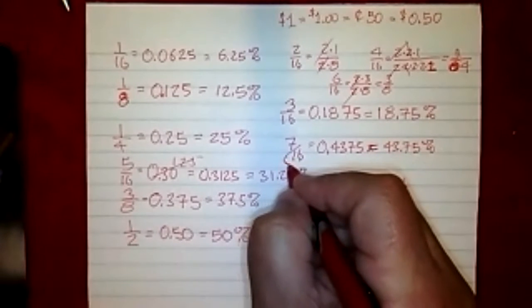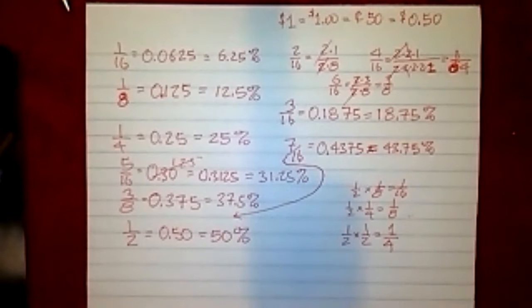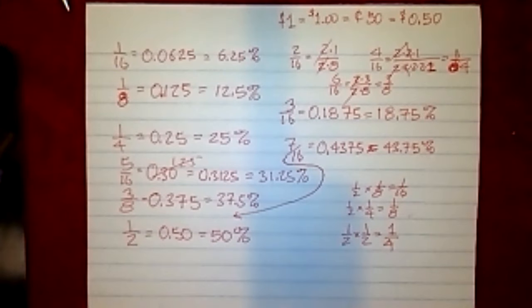And of course, this is 7/16, which is only 1/16 away from 8/16, which I think you can tell would be 1/2. So I've now gotten all these wonderful fractions, 1/16, 1/8, 3/16, 1/4, 5/16, 3/8, 7/16, 1/2.